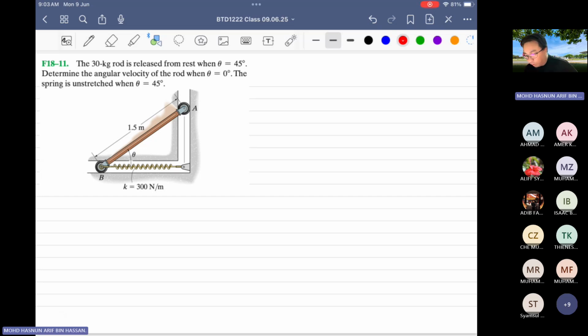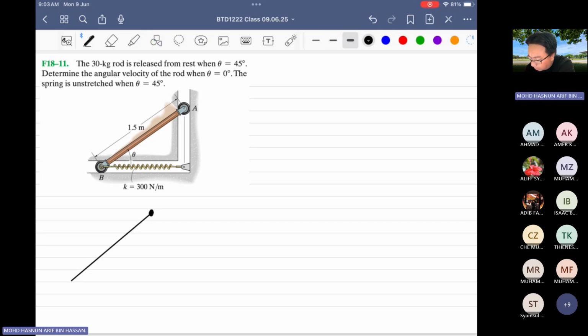Similar problem. We have an object and also a spring. So let's read the question. A 30 kg rod is released from rest when theta equals to 45 degrees. So let's draw that. 45 degrees is somewhere, I'm just going to draw a line to represent the rod.